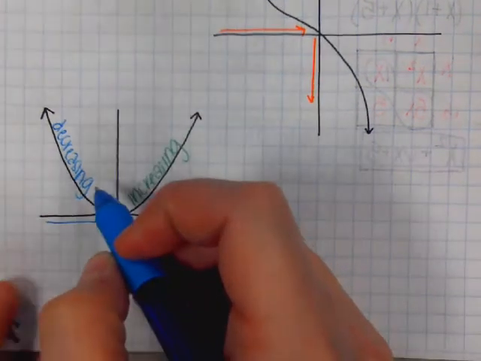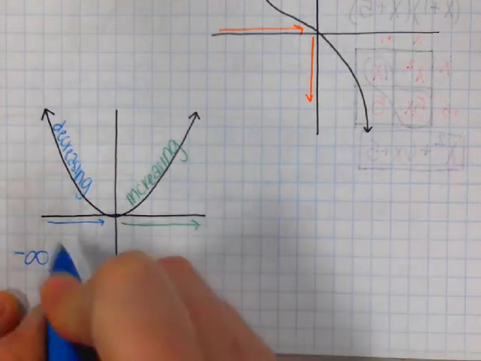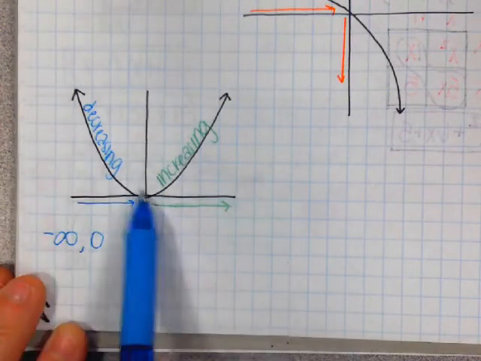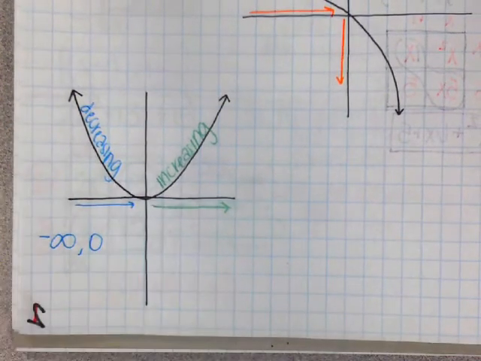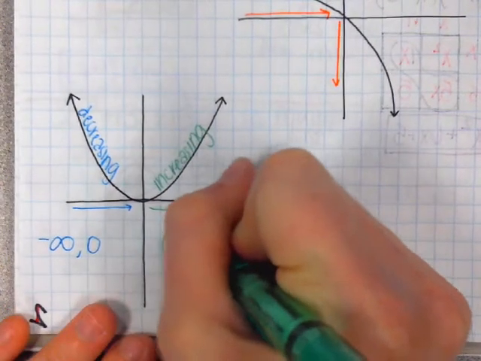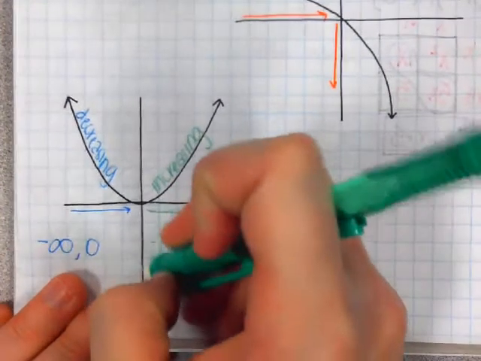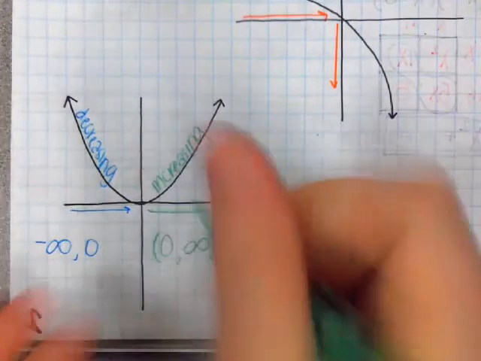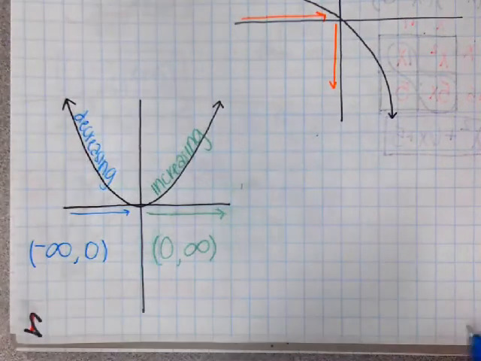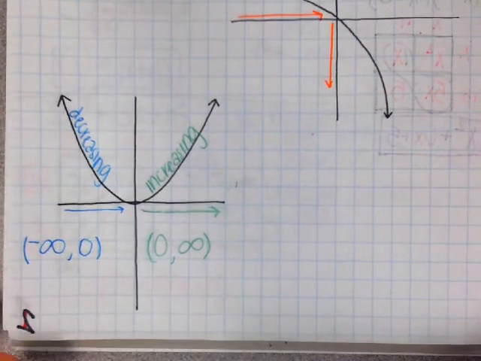We would say this function is decreasing from negative infinity to 0, because from negative infinity way over here to 0 is decreasing. And then we say it's increasing from 0 to positive infinity. So you write it as that interval. Okay, so that's decreasing and increasing.